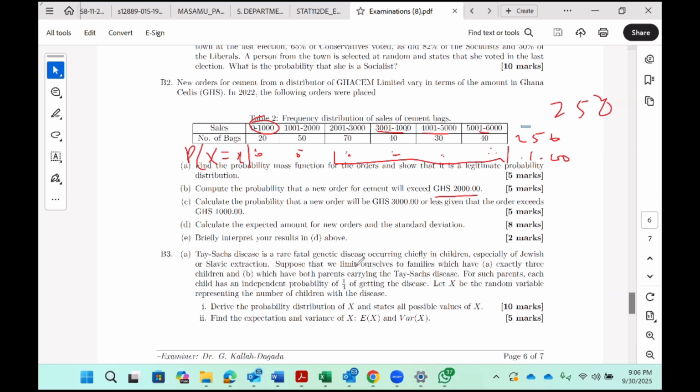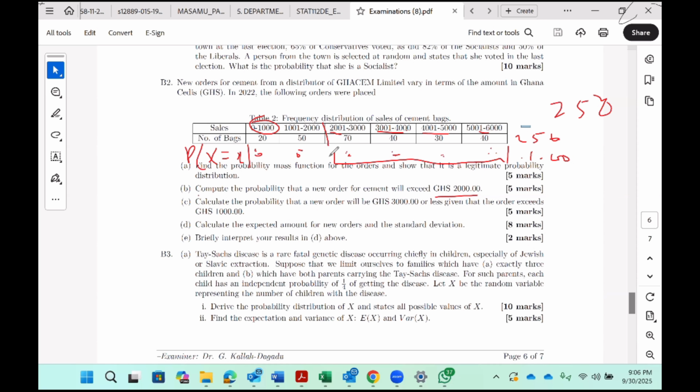Okay. So for B, I calculate the probability that a new order for cement will exceed 2,000. If it exceeds 2,000, it means 2,001 to 3,000. So the order exceeding 2,000 will be after this level.